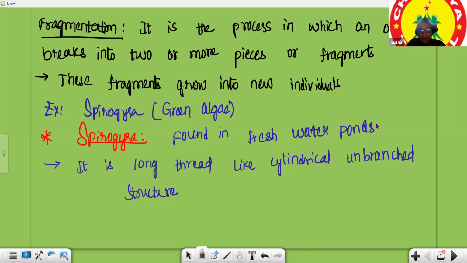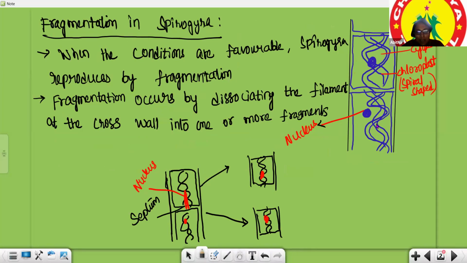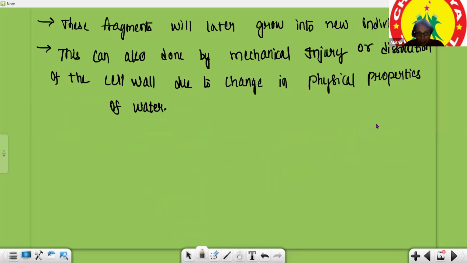For example, we have seen Spirogyra. Spirogyra is found in freshwater ponds, and its structure is like a long thread, a cylindrical unbranched structure, with a spiral chloroplast in it. When conditions are favorable, Spirogyra dissociates at the cross wall into one or more fragments.